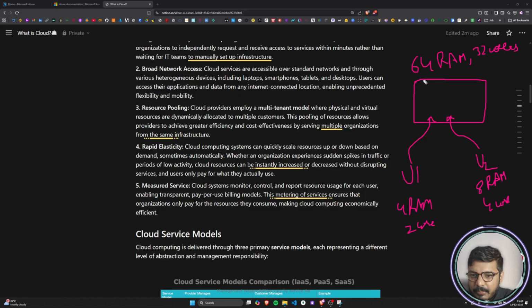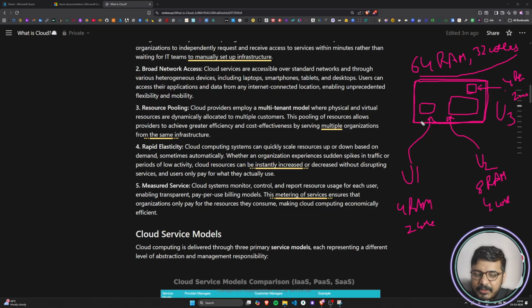So some of the resources will be provided to user 1, and another part of the whole resource will be provided to user 2. Again, if user 3 wants to spin up a server, let's say again 4 GB RAM and 2 core CPU, he or she can spin it up in this whole remote system only.